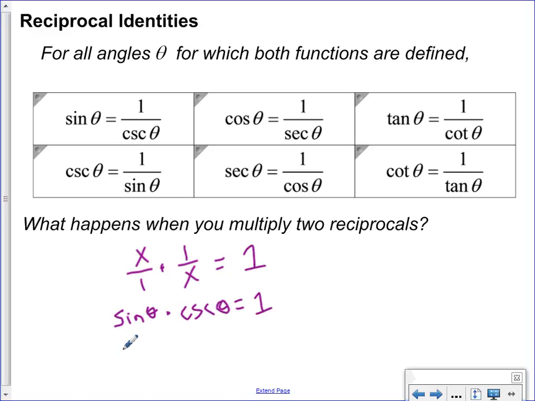Cosine times secant is going to give you 1. And tan theta times cotangent theta will always give you 1.